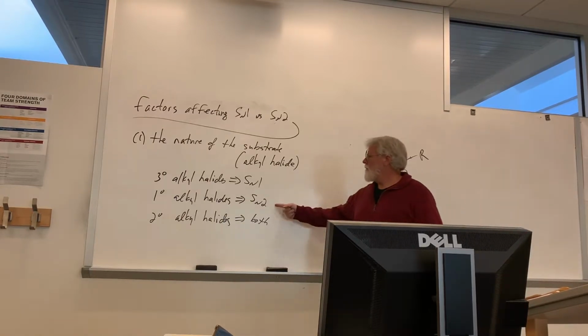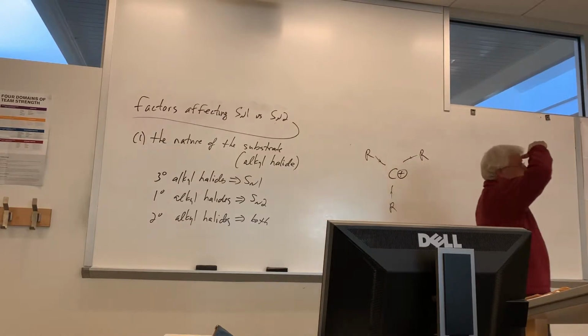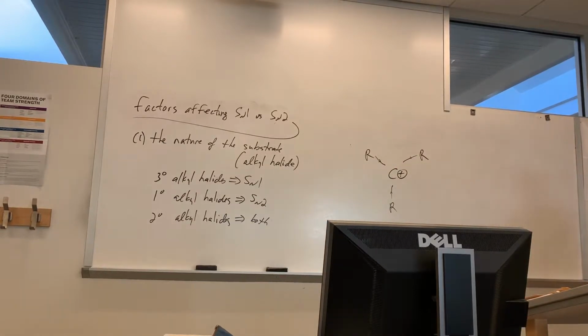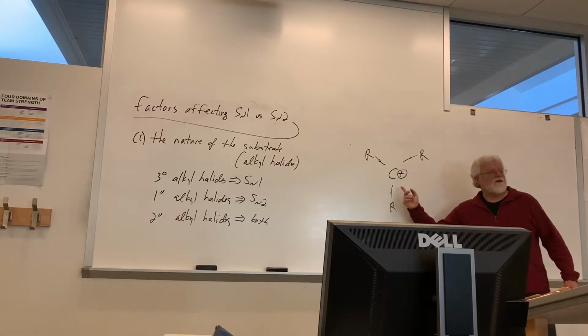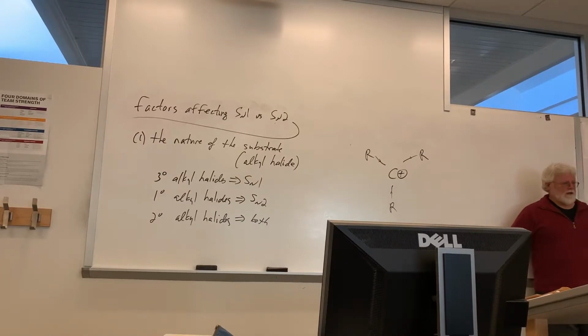Okay, primary alkyl halides tend to go SN2 because, well, if we have a couple of hydrogens here, they don't form carbocations very readily. Does that matter? It goes SN2 because less steric hindrance.